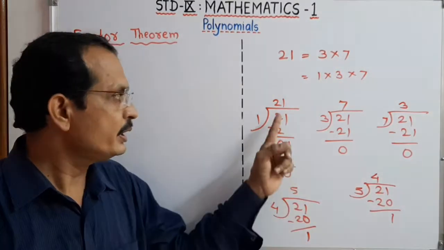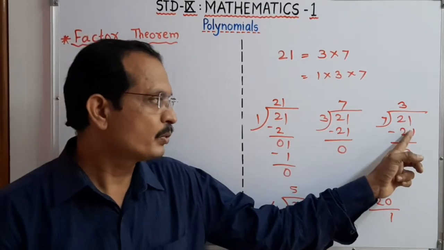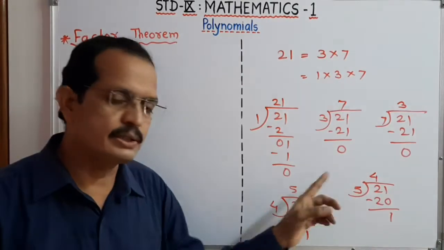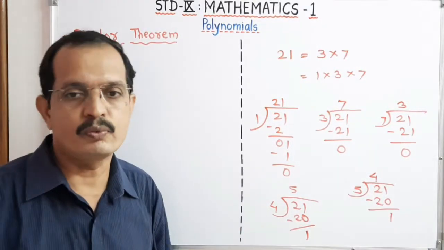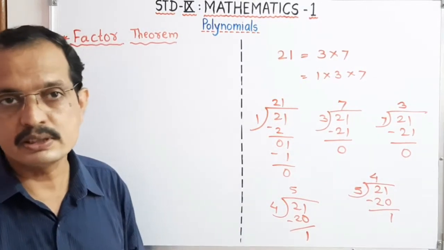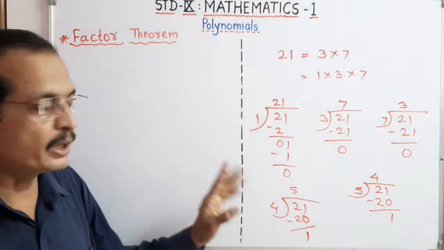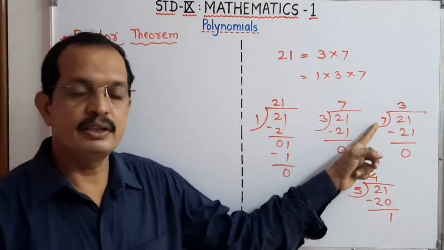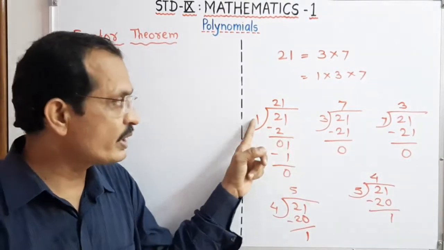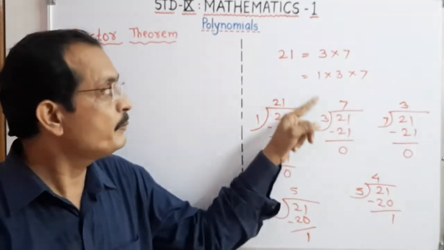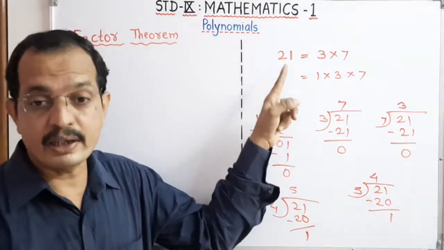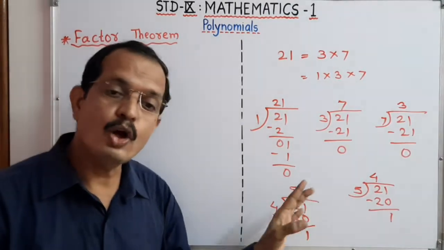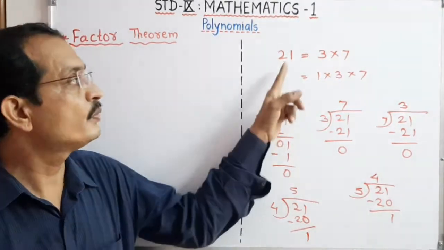That means in these three division processes we get the remainder 0, but in these two cases we get a remainder other than 0. Now see here, why did this happen? Because this 1, this 3 and 7, these divisors are the factors of this 21. These 4 and these 5 are not factors of 21.